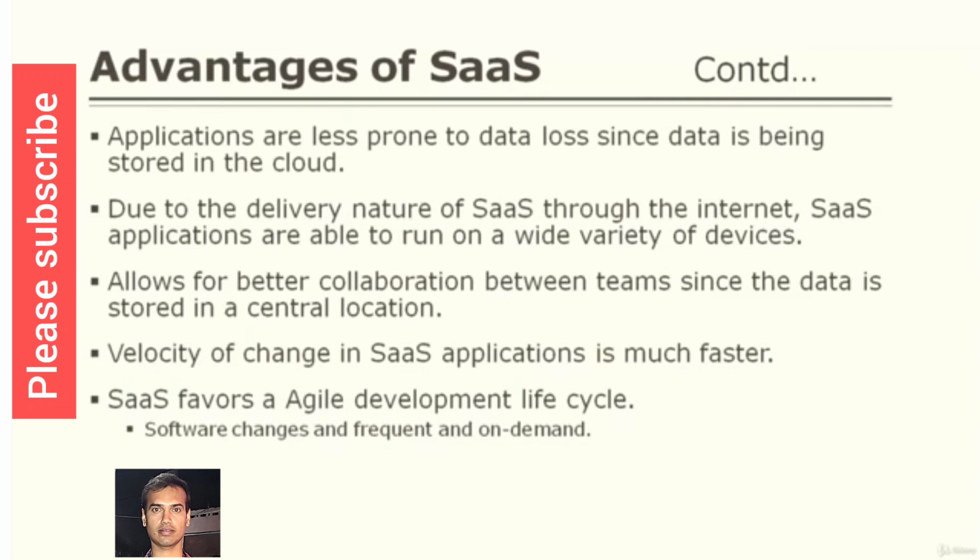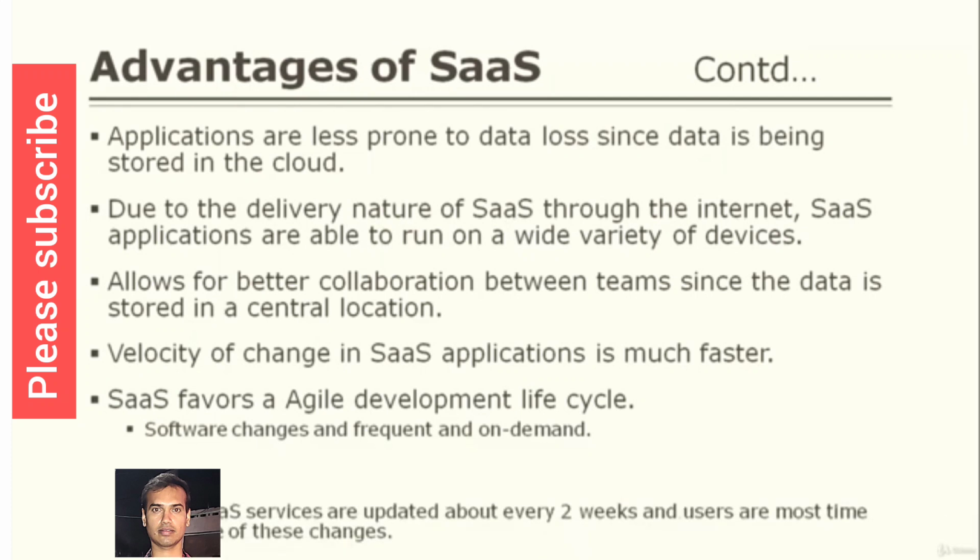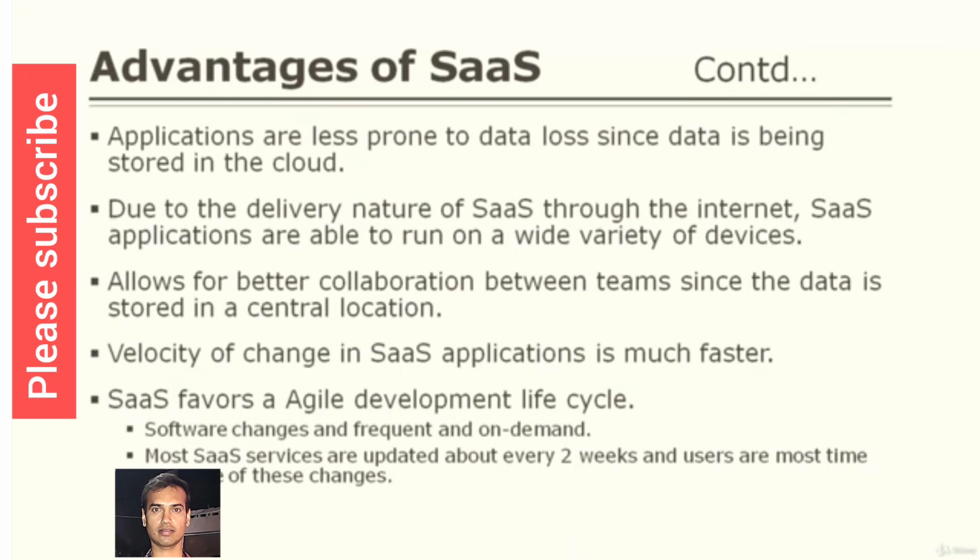To meet customer requirements on time, the agile development lifecycle is used, and SaaS favors this fast development lifecycle. In that, a quick implementation of the software is performed. The updates are done on a regular basis. Most SaaS services are updated about every 2 weeks, and the users are most of the time unaware of these changes. That we call the agile development lifecycle.